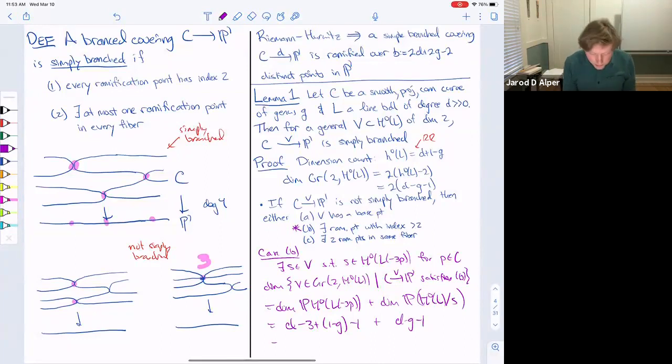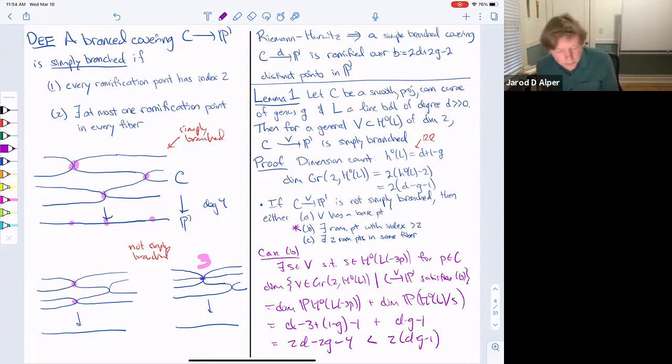And if you compute this, it is 2D minus 2G minus 4, which is strictly less than 2D minus G minus 1. Right, and then for cases A and C, you argue similarly. You just compute the dimension of that condition, and you show it's less than the Grassmannian. So this gives us the existence of simply branched covers, sort of the starting point for these arguments.